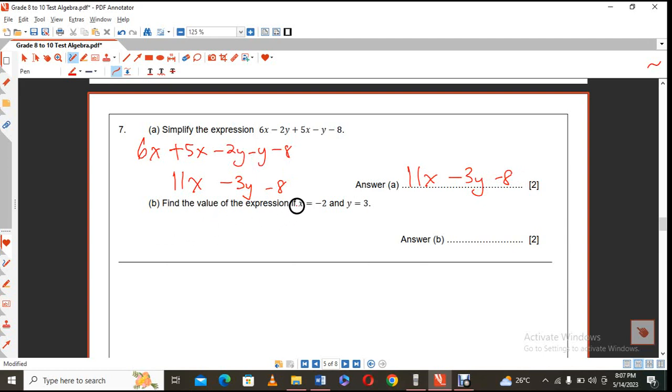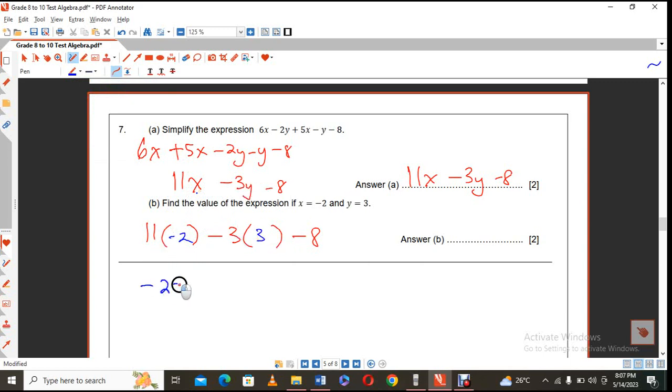So they want us to find the value of the whole expression if x is equal to negative 2 and y is equal to 3. So do this: put brackets where the letters are, and now you go ahead and put in the values. So x is negative 2, so you substitute that negative 2 over there. Then y is 3 and you substitute it over there.